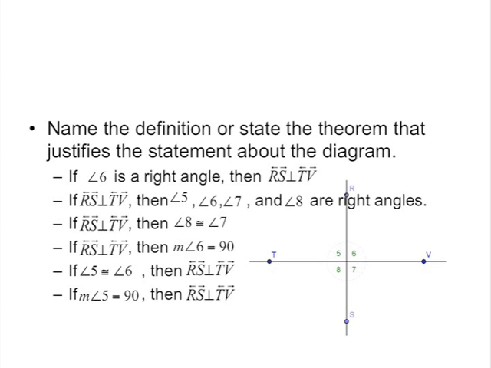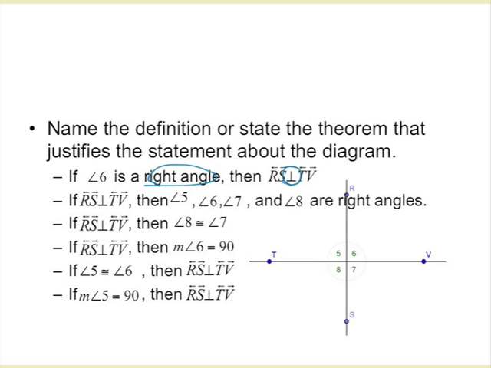Our last part then is on justifying. So this is where I said it's important to pick out those key phrases and what that definition and those 3 different theorems are actually saying. Because they all say stuff about perpendiculars, but we need to be specific about which is saying what. So our first one here says, if right angle, then perpendicular.